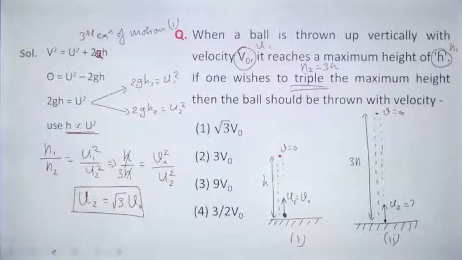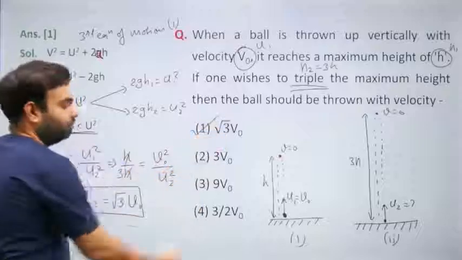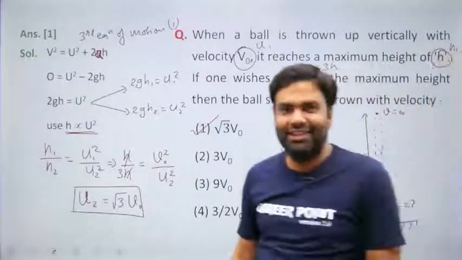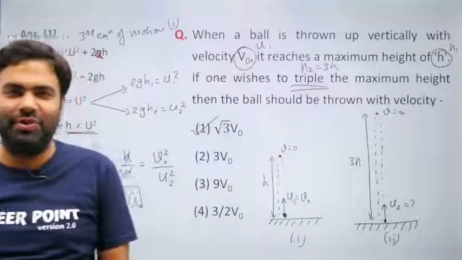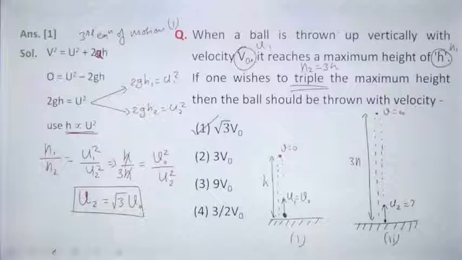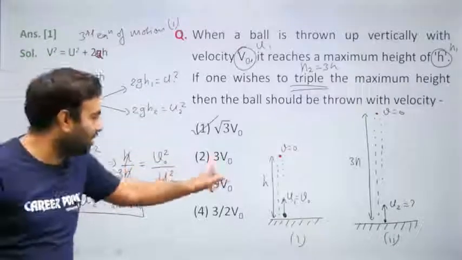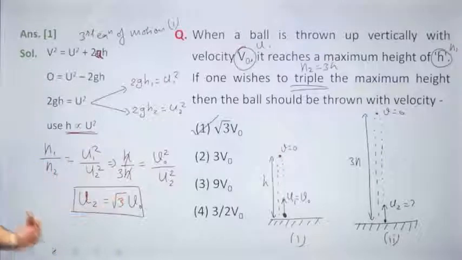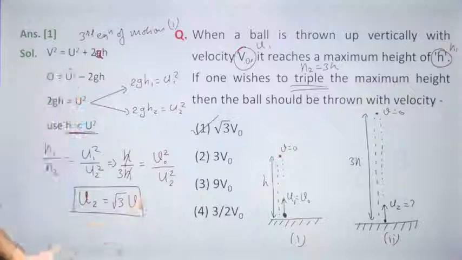Okay, so the answer is option 1. Is it clear to all of you? I can see you made some mistakes. Don't worry, making mistakes is part of the process of learning. Is it clear to all of you? The answer is not 3v0. Actually, u2 square is 3v0 square, so u2 is root 3 v0. Clear?